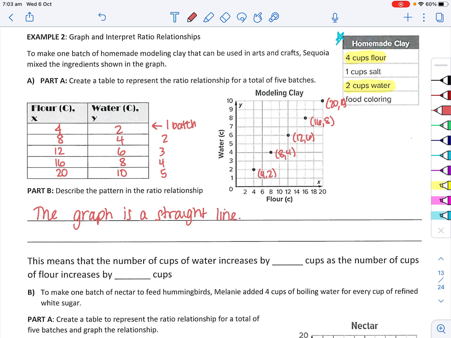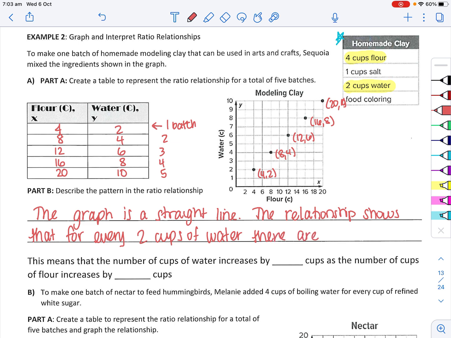And then I'm going to say that the relationship shows that for every 2 cups of water, there are 4 cups of flour.